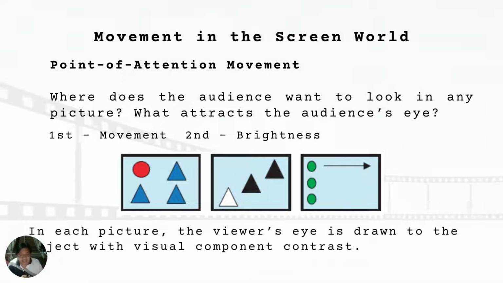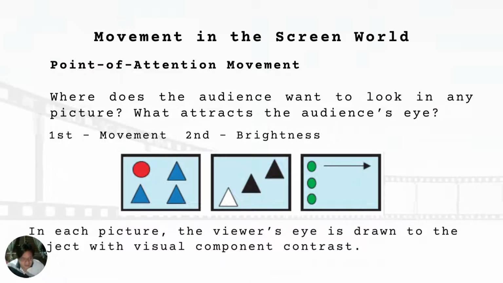In each picture, the viewer's eye is drawn to the object with a visual component contrast. Di ba? In the first picture on your left, the frame always guides you to see the red circle rather than the three. Then, of course, you can allow yourself to see the three blue triangles.